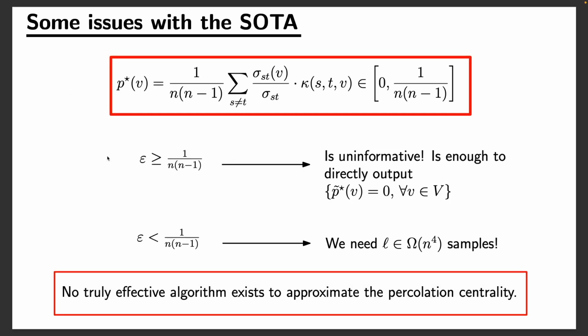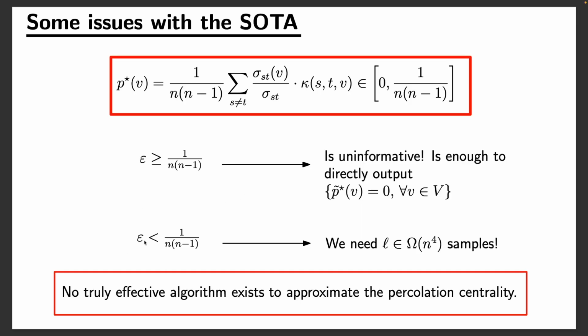However, there are some issues with the state of the art. Indeed, De Lima et al. approximated a doubly normalized version of the percolation centrality, and in this case, the percolation centrality of each node is between 0 and 1 over n squared. This means that if we set our epsilon to be at least 1 over n squared, our epsilon approximation is going to be uninformative, and in this case, it is better to directly output 0 for each node in the network.